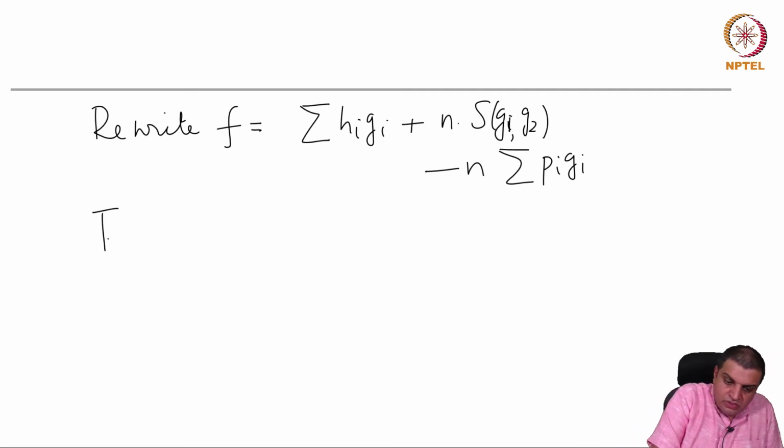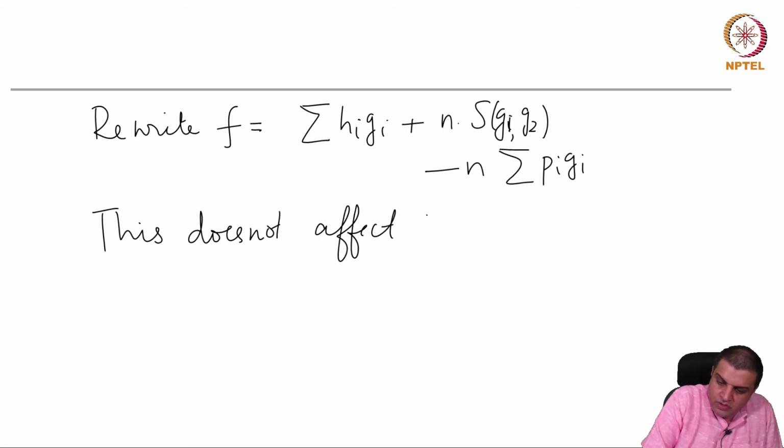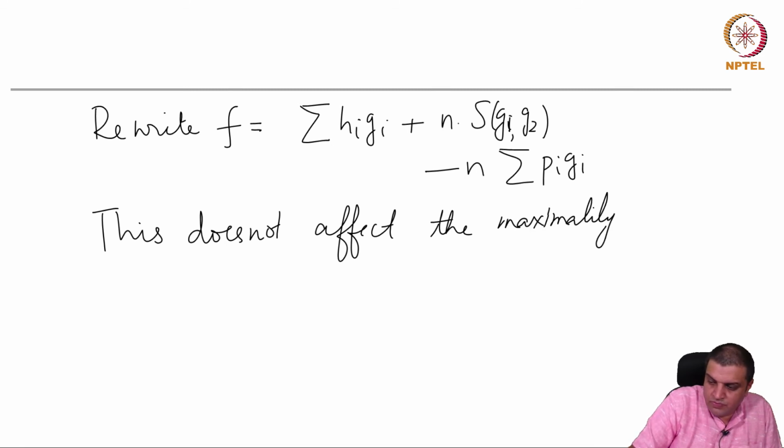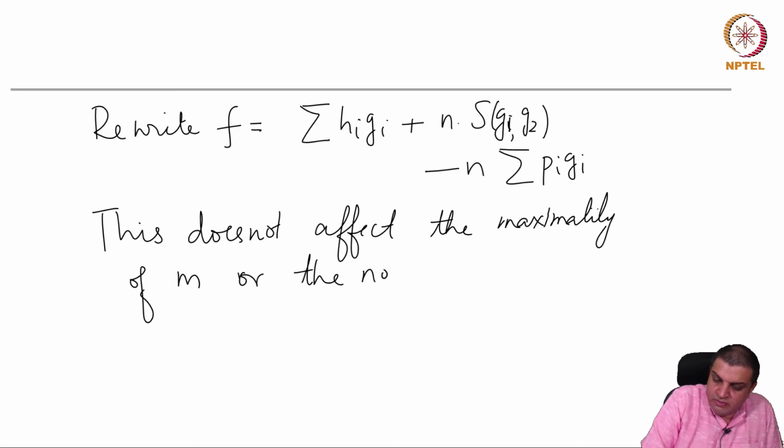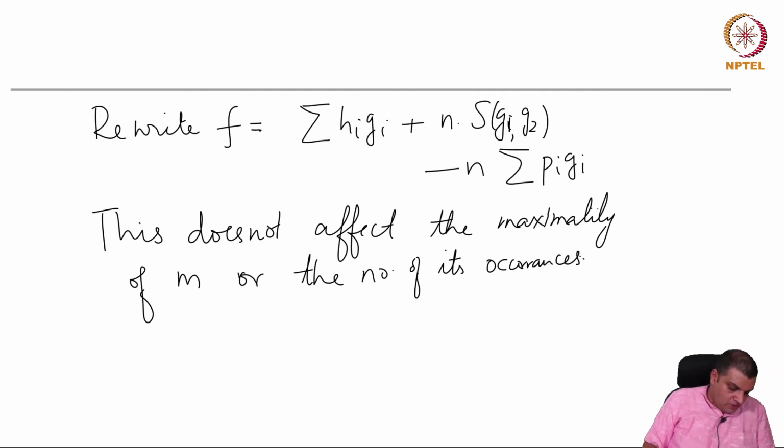So this does not affect the maximality of m or the number of its occurrences in this collection.